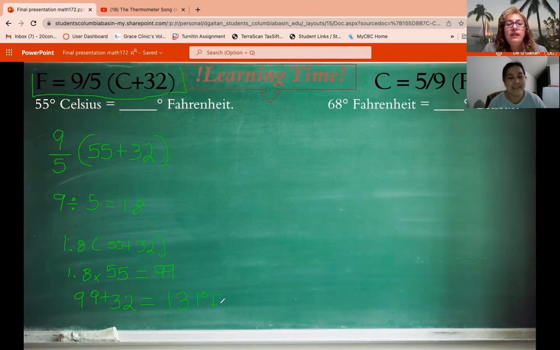So this is going to be our answer, which we have to write on the line assigned for the answer. So thank you, guys. We know how to do this. Now remember, to convert Fahrenheit to Celsius, you use this formula, following the steps to get your answer. You try now.